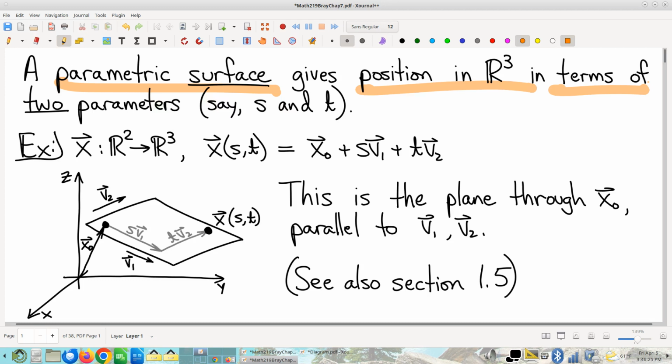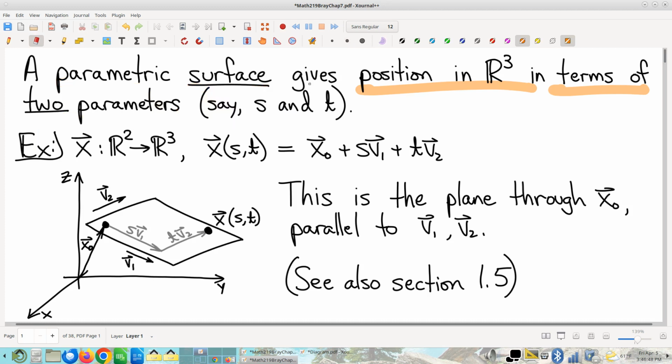Here, parametric surface, position's a function of 2 parameters. That's all it is. That's the only difference. 2 parameters determining position in space instead of 1 parameter determining position on a curve, typically, often anyway in the plane, could also be in space.